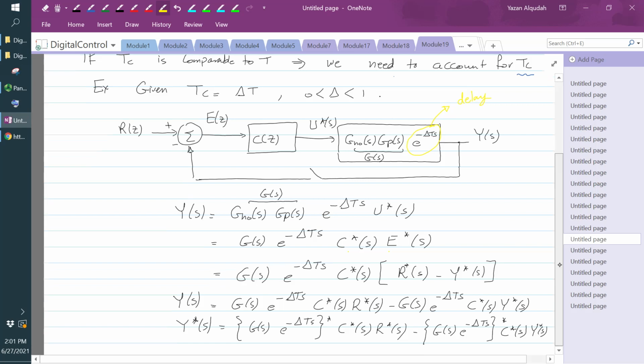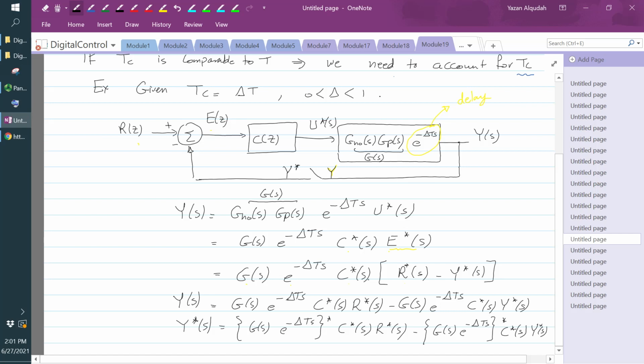And therefore, this is going to equal G of s e to negative delta Ts multiplied by C star, and the error signal E star of s, E is going to equal R minus Y star. This is Y here, this is Y, here it is Y star.